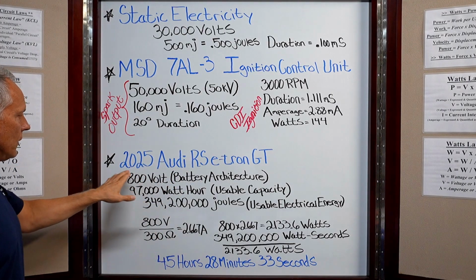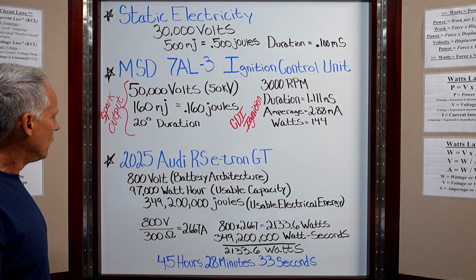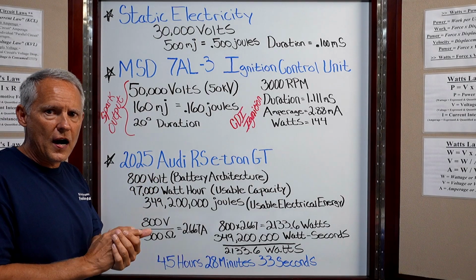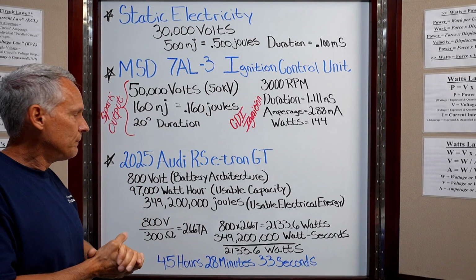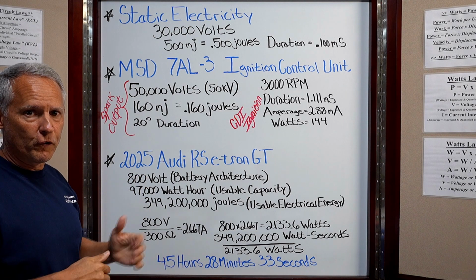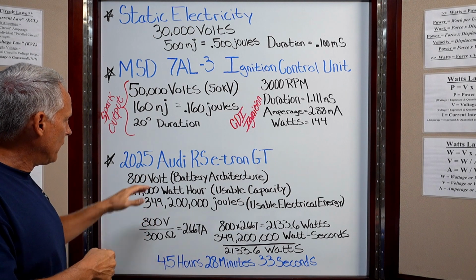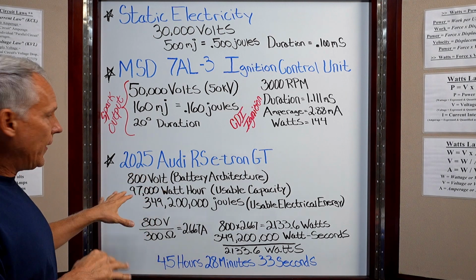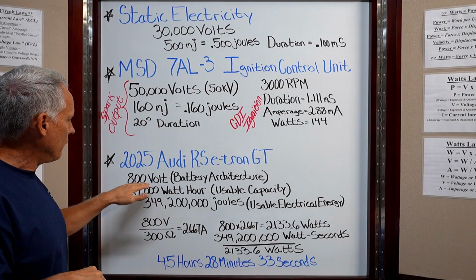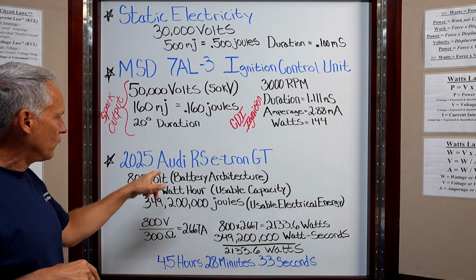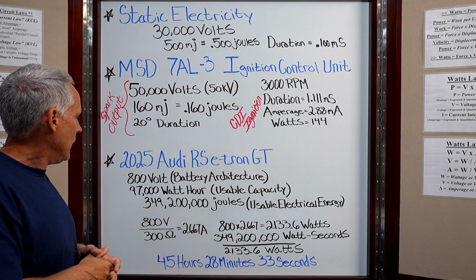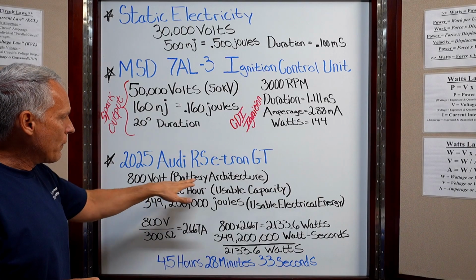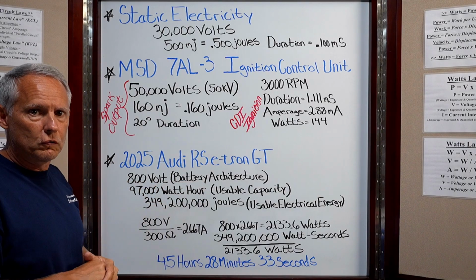Let's talk about another scenario, totally different. Here we have a 2025 Audi RS e-tron GT. I worked on Audis for years, which is one of the reasons I bring this up. These are their latest specifications. They show that it's an all-electric vehicle. It's their hot rod, the fastest thing that they make, as far as I know, at this point. They show their battery architecture to be 800 volts direct current.